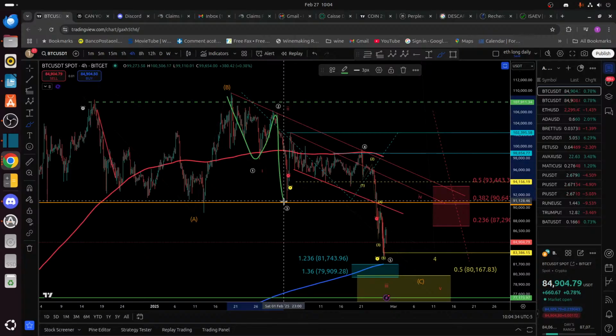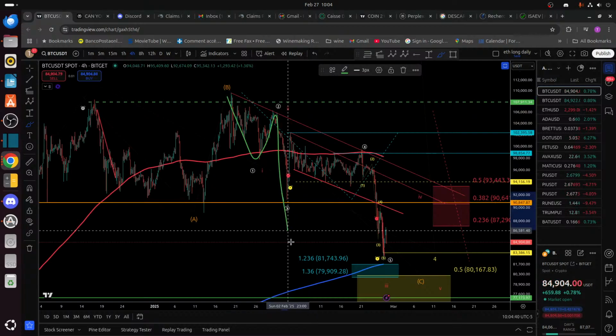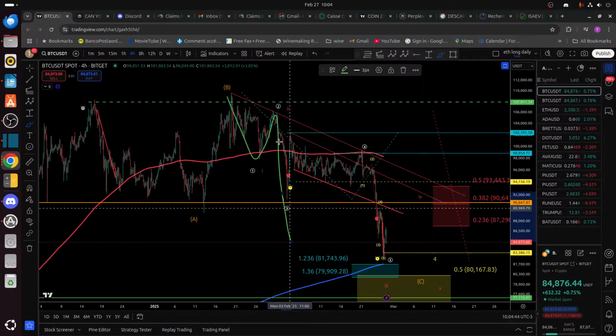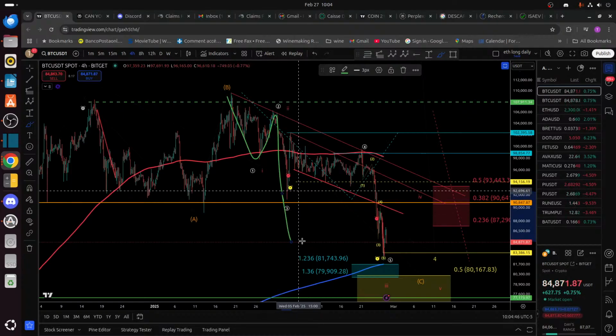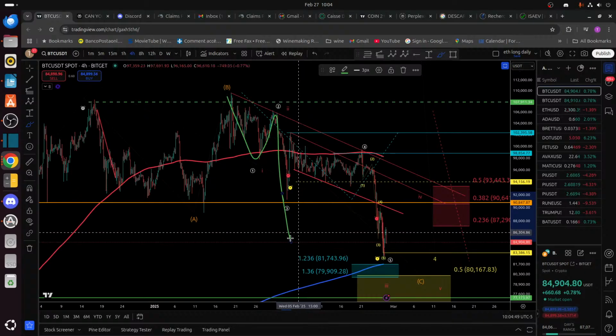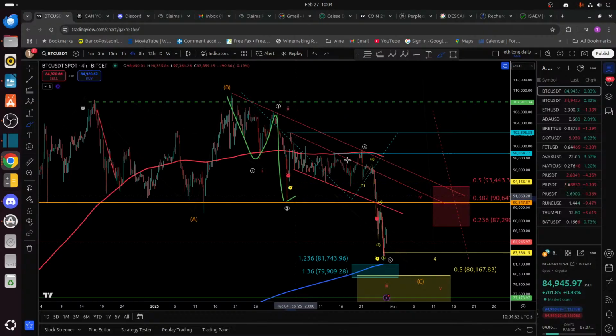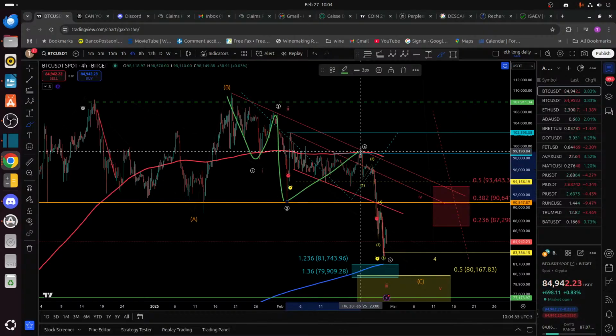The third one, I did tell you I don't like it because it should have gone much deeper. So this is one reason why I don't blindly trust this count. Also, this fourth wave was too deep, and now we have this fifth wave.